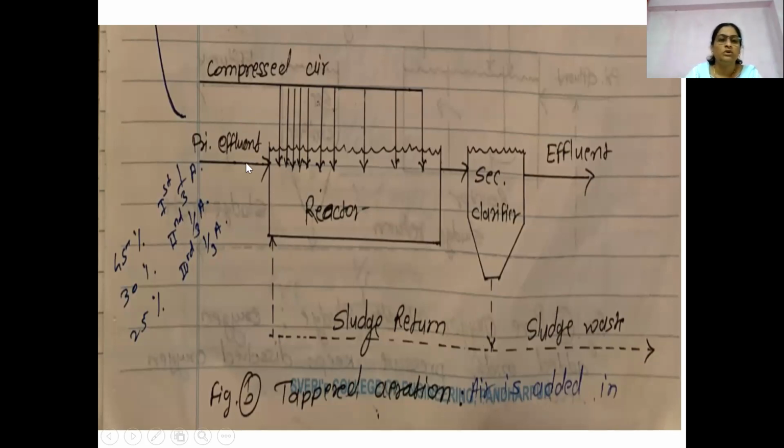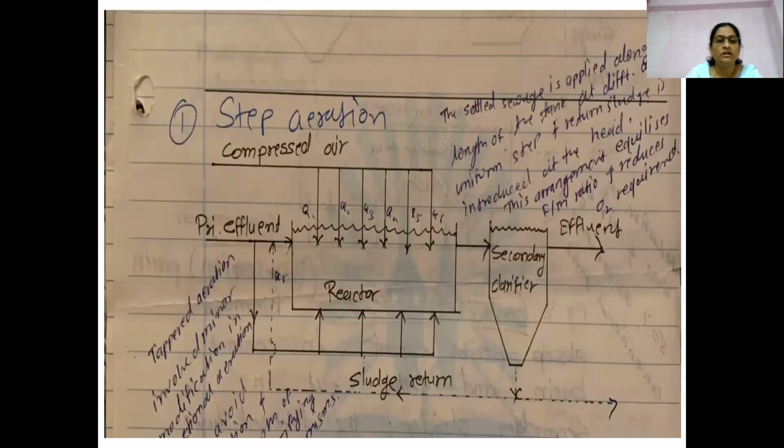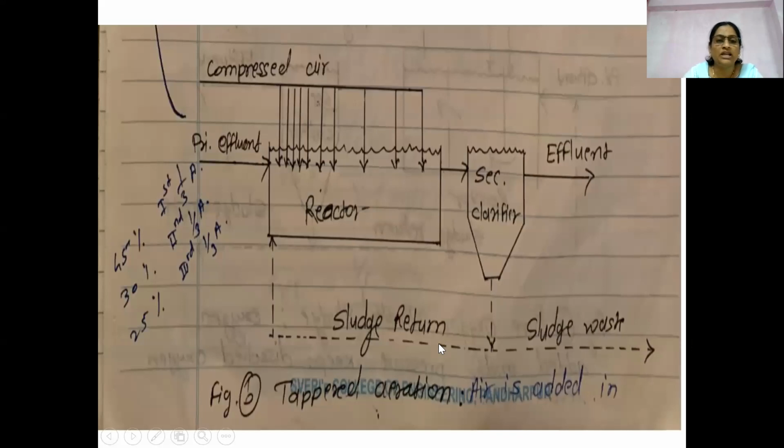Now in earlier step aeration, compressed air and the influent both are provided in a step-by-step form. But because of that, you are supposed to go for unnecessary extra pipelines for the supply of influent. But here in tapered aeration we can do this kind of modification.